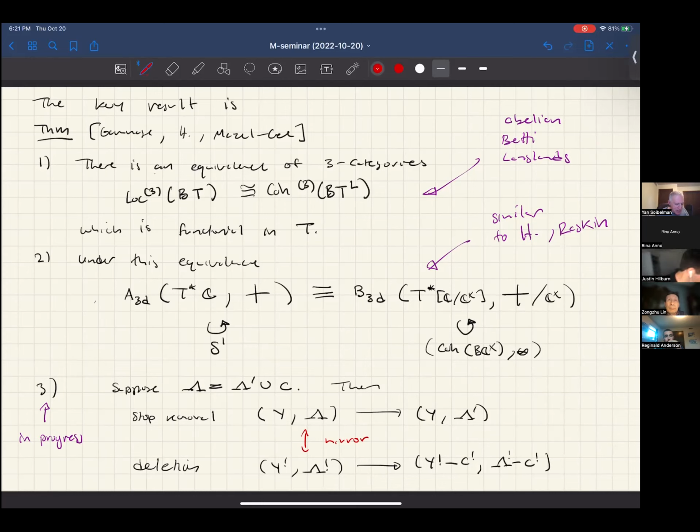Actually, I have maybe another question, again about generalization. You mentioned that your examples are either cotangent bundles to something or cotangent stacks, which means probably that these are targets for your sigma models. Am I right?